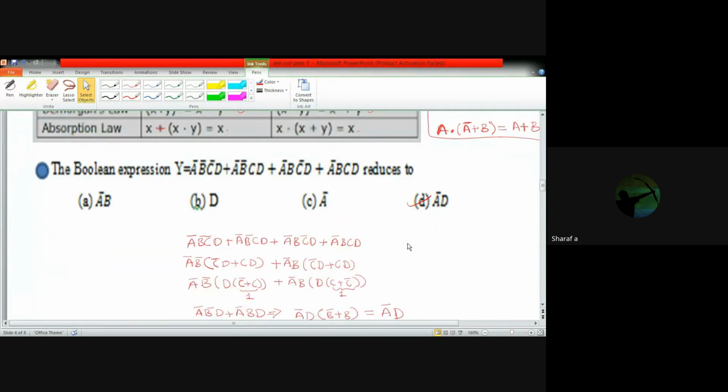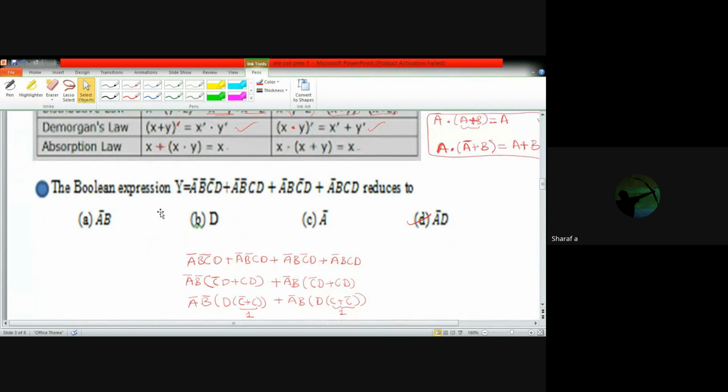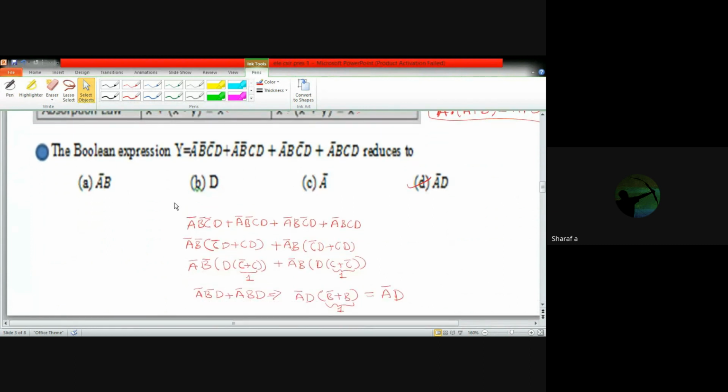So in this section, what you have done in this Boolean expression is you have a long expression. Here you have a long expression y equal to A bar B bar C bar D plus A bar B C D plus etc. So this big expression, you have reduced into a simple form, that is A bar.